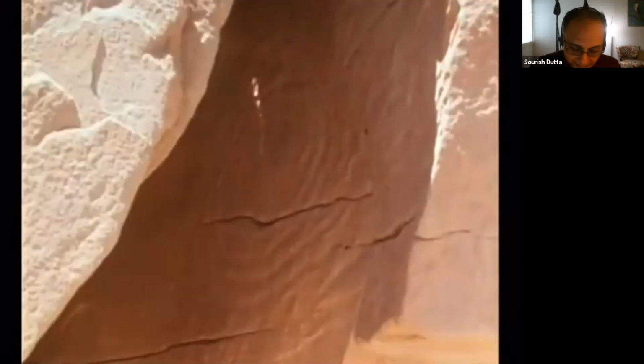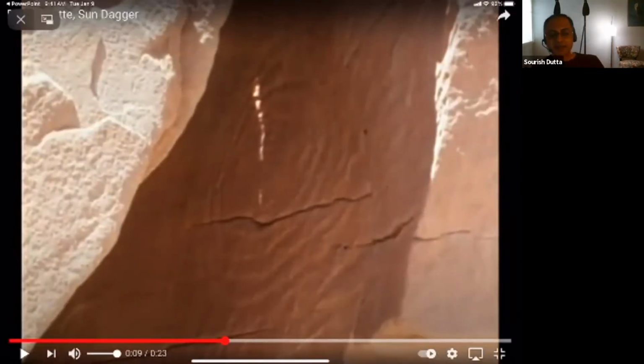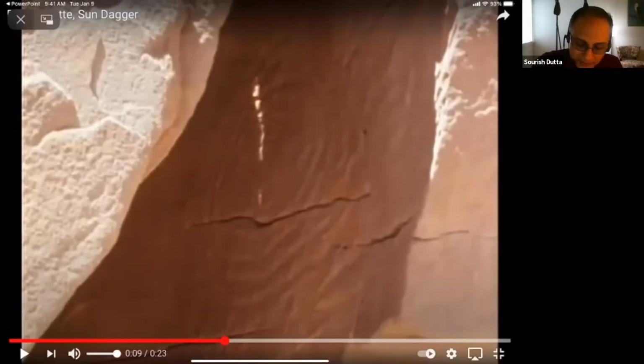So this was found in New Mexico. And this was actually discovered pretty late, in the 1970s. Somebody noticed that on the day of the summer solstice, I've forgotten exactly what day it is, maybe the summer solstice, a sliver of light from the sun forms something that looks like a dagger, which goes through the center of this pattern.